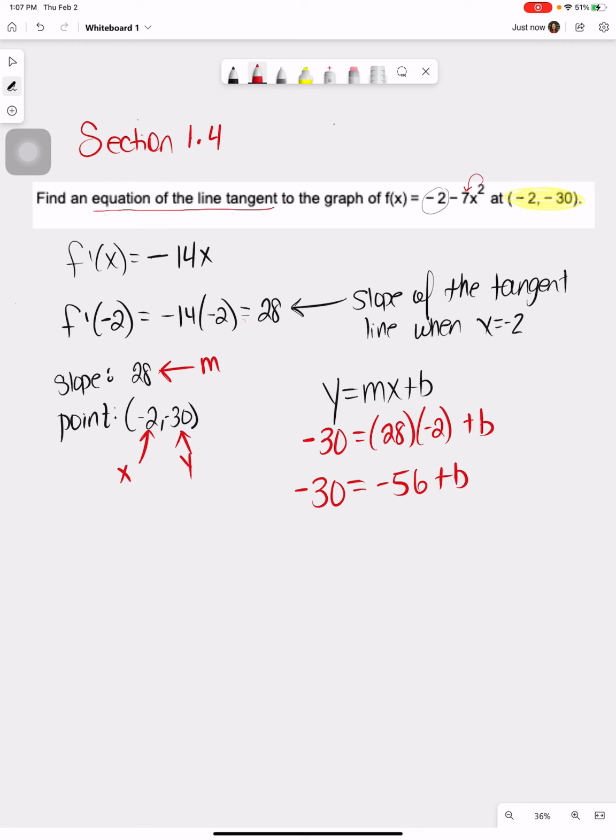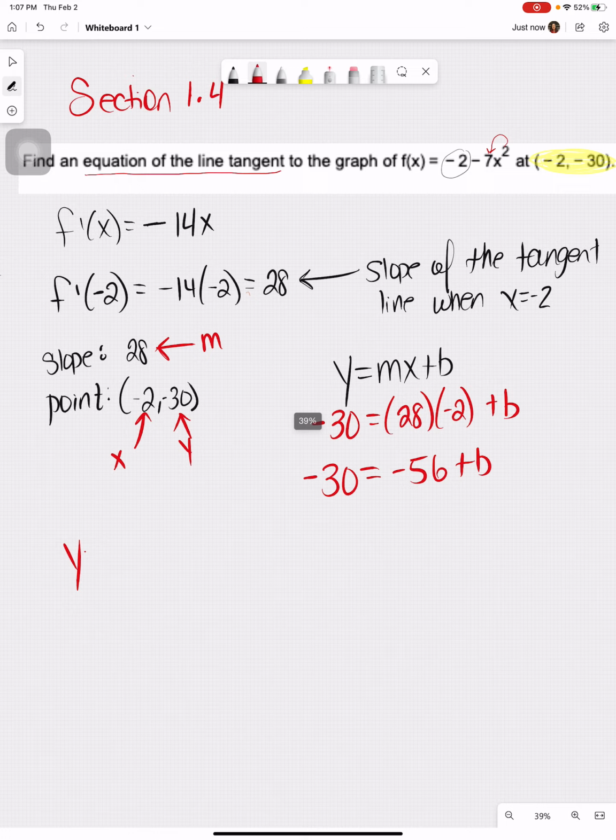And what I am doing here, let me back up because I don't think I've actually said this. I know what my point is. I have the x and y. I have the m, my slope. So if I want to create the equation of a line and put it into my math lab, the form that I'm going to write that equation in is y equals mx plus b.